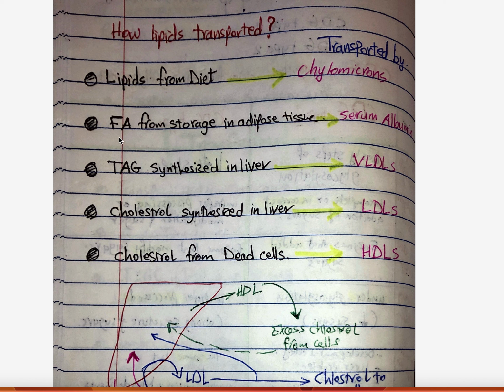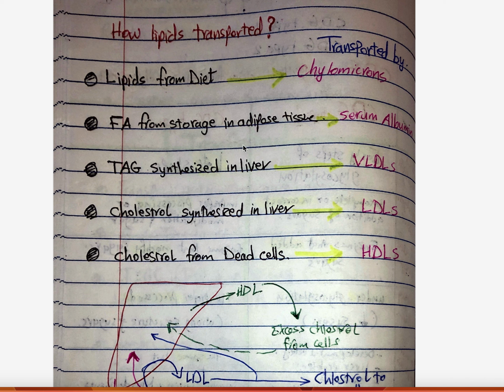If the lipid comes from the adipose tissue, and we know that the adipose tissue stores the fatty acid, the serum albumin is responsible for the transfer of the fatty acid that comes from the adipose tissue. And we discussed before, the serum albumin is also responsible for the transport of the unconjugated bilirubin and transfers it to the liver.